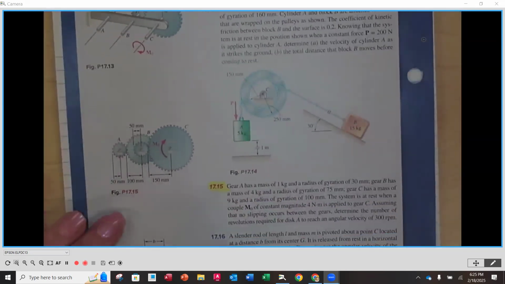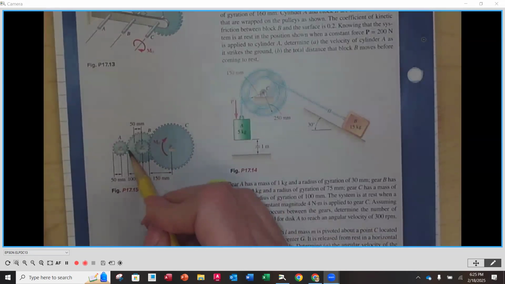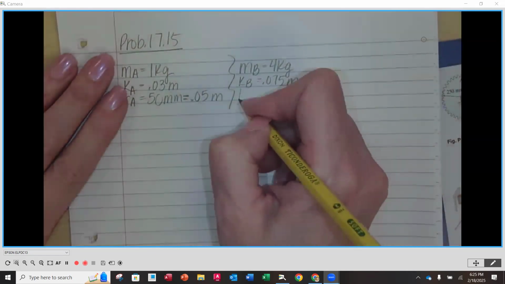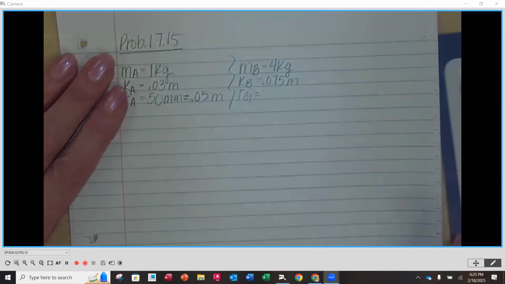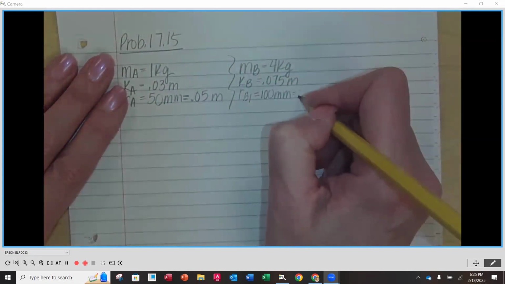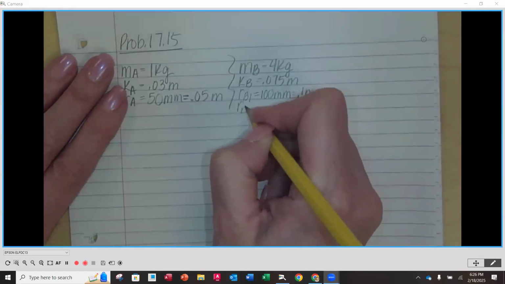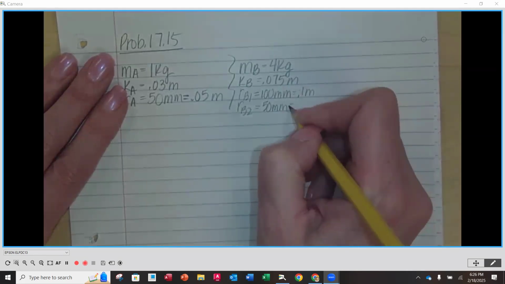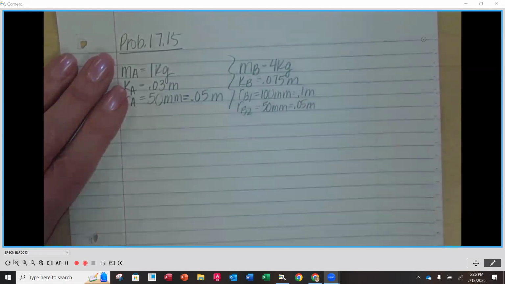The larger on the outside that engages with A, I'm going to call that radius B1. And the smaller one that engages with gear C is going to be called radius B2. So RB1 is 100 millimeters or 0.1 meters. RB2 is 50 millimeters or 0.05 meters.